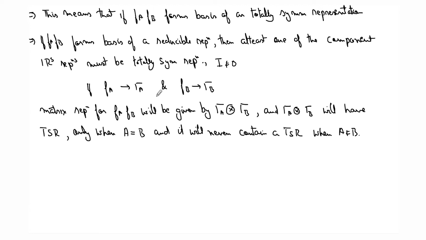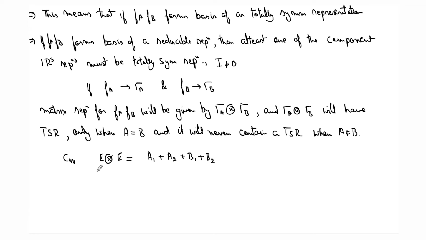Then only the integration will survive, otherwise the integration will go to 0. So for example, in the case of C4V, when we calculated the direct product of E cross E, we saw that it can be reduced to A1 plus A2 plus B1 plus B2.